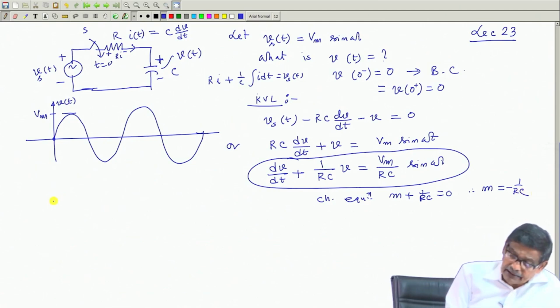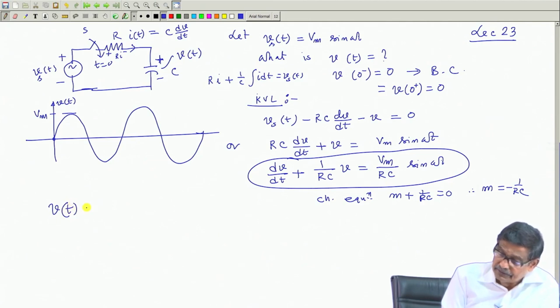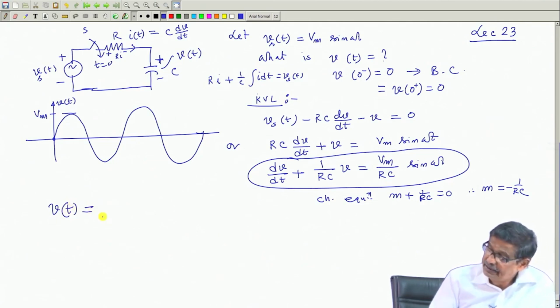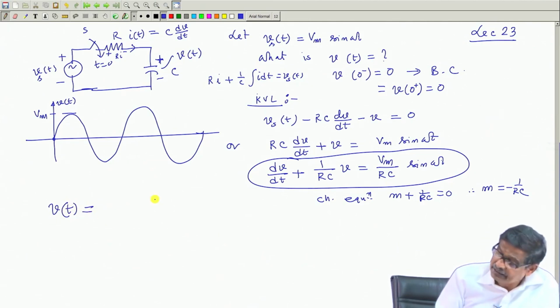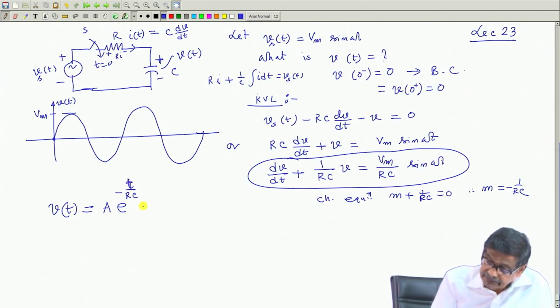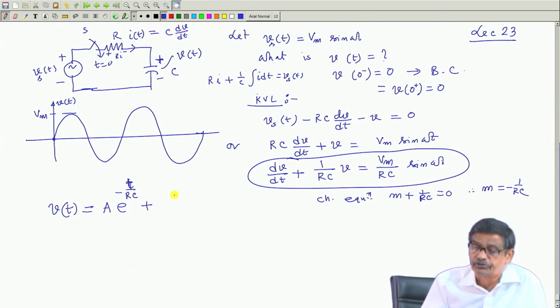The form or nature of the solution is very easy to write. It will be only a single root, no multiple roots: A into e to the power minus 1 over R C into t, plus the solution due to the forcing function.